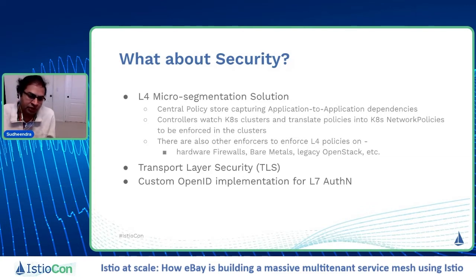In addition to the layer 4 microsegmentation and the TLS, we also have a custom OpenID based implementation for layer 7 authentication, what is called origin or request authentication. So this is the current lay of the land.